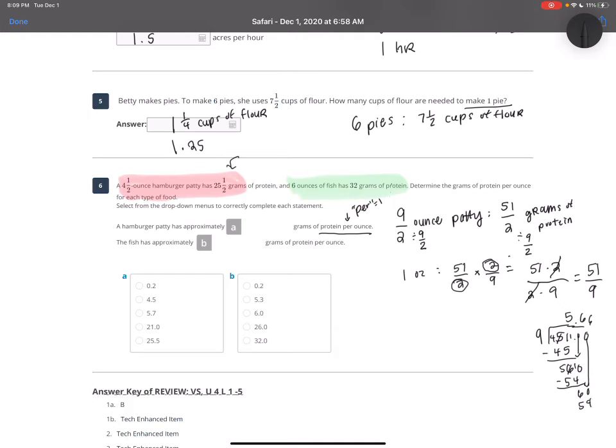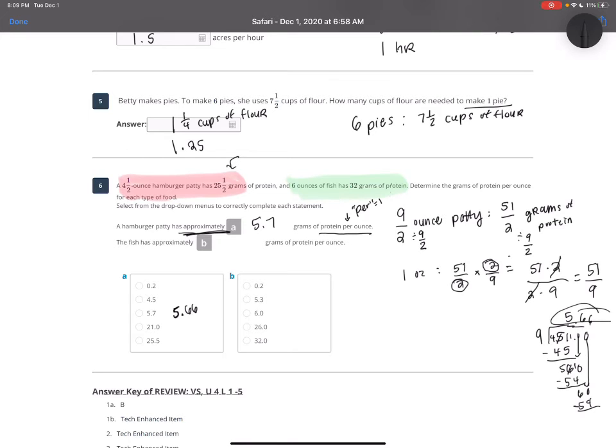What do you think is going to keep happening? That 6 is going to keep repeating, okay? Now, another keyword is approximately. They want you to take an estimate. Which choice is closest to our quotient, which is 5.66? If you guess 5.7, you are absolutely correct, because that 6 is big enough to round the 6 in the tenths place to 7.